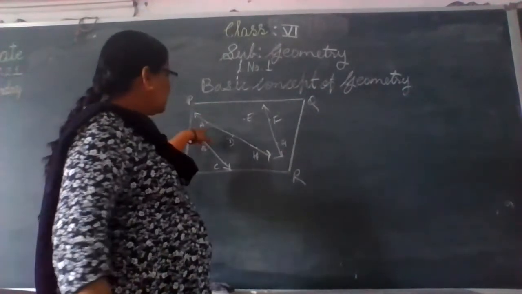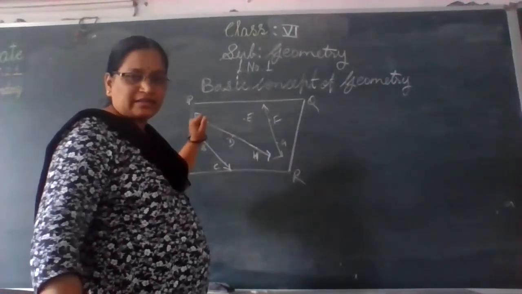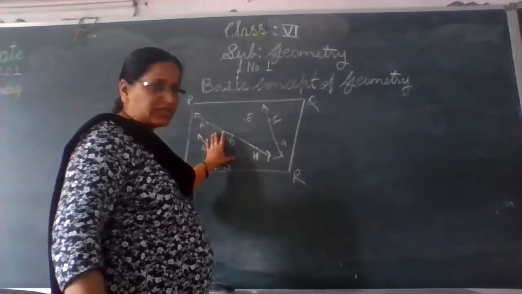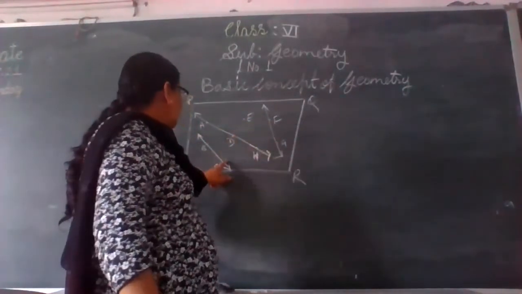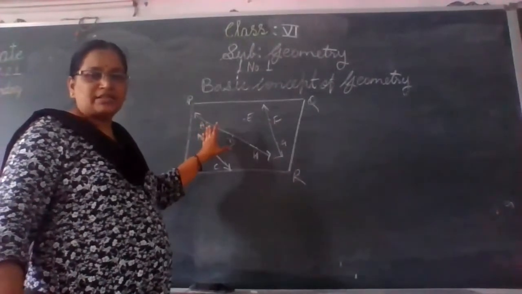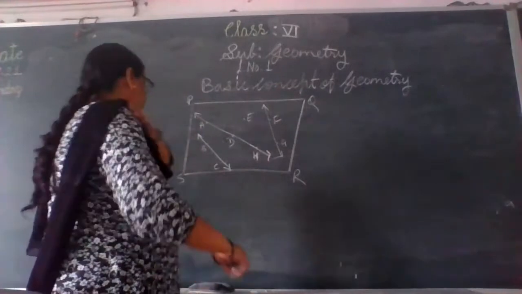Now see, beta, ABH. Now here, these 3 points A, D, H lie on a line. So these points are known as collinear points. And see, these points E, F, G, C, and B, they do not lie on this line. So what are they? Non-collinear points.